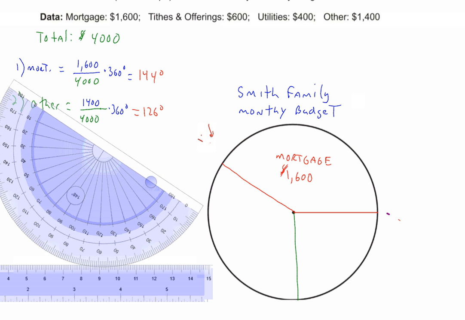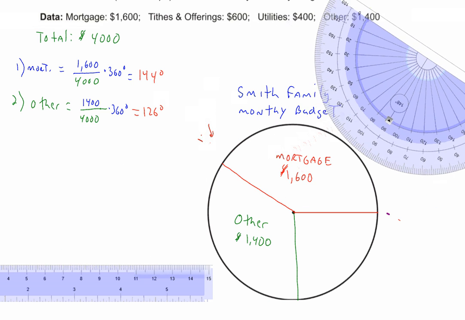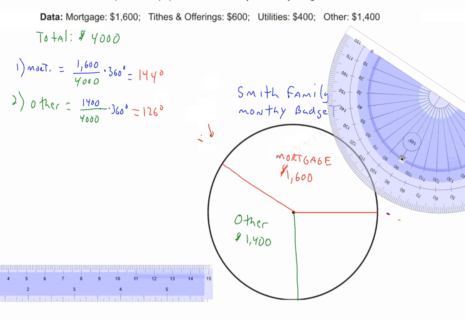Let's label this piece. What is this? This is other. How much is it? $1,400. Make sense? How many pieces left? 2. All right, where do you want to go next? You want to go tithe and offering? Utilities.